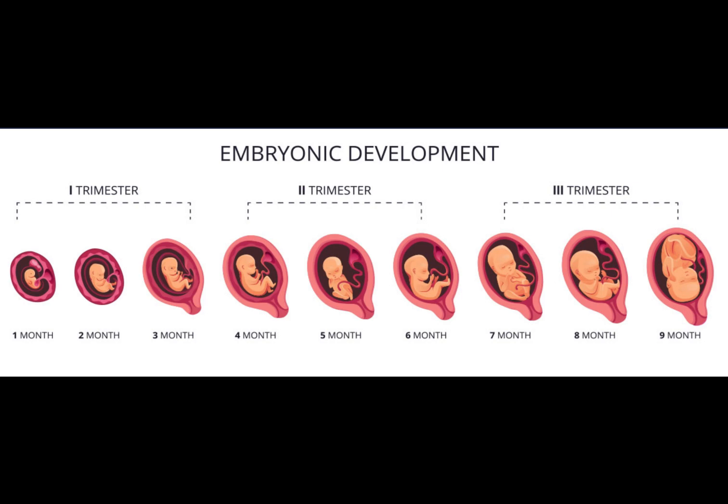There are about 40 weeks to a typical pregnancy. These weeks are divided into 3 trimesters, and we are going to give an overview of those 3 trimesters.